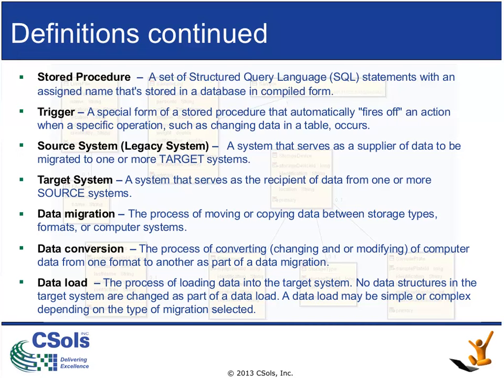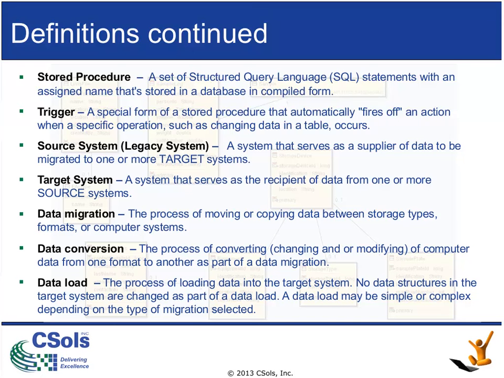So, for example, within your sample entity, whenever the status of that sample is changed, a trigger could be fired off, which could manipulate or modify or transform data in other areas of the database. Stored procedures and triggers are of particular importance when you're talking about migrating data from one system to another. You need to know from the source system whether there are any stored procedures and triggers.